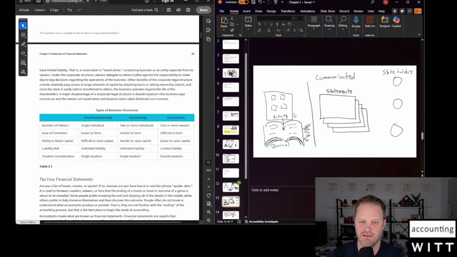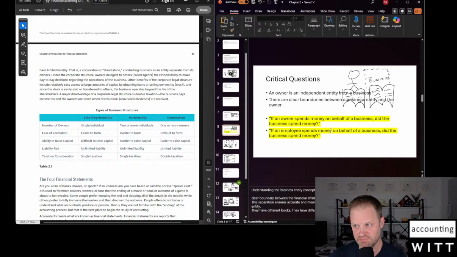Things happen. Where's the boundary around those things so that we know what goes in the story? So going back to when a teacher buys materials for their class with their own personal money, is that part of the school's story? If an employee spends money on the behalf of a business, did the business spend money? Is it in the business's story? If an owner spends money on behalf of a business, did the business spend money?